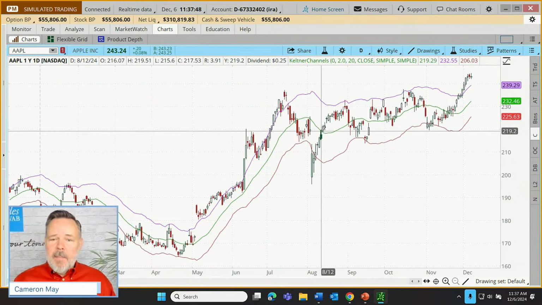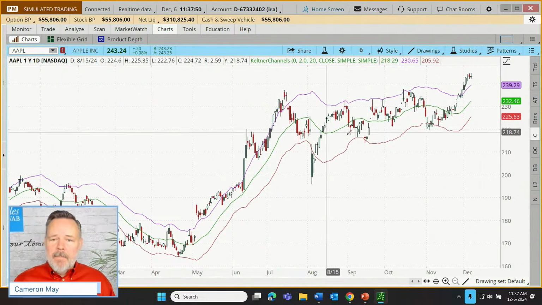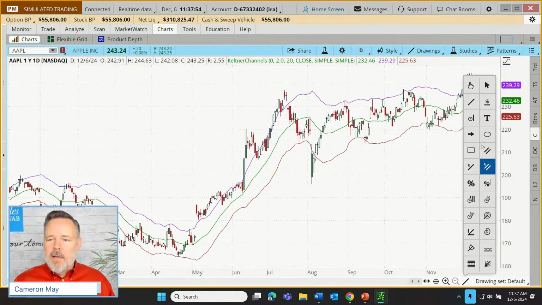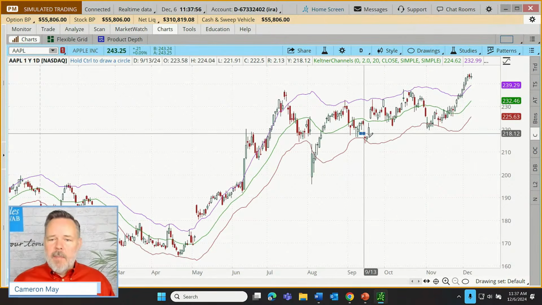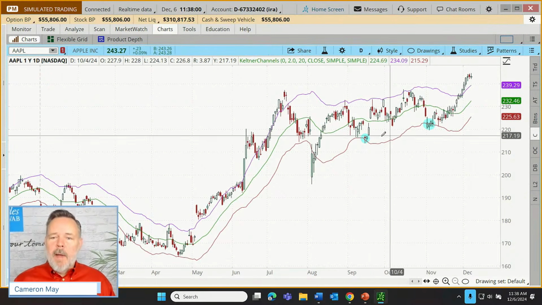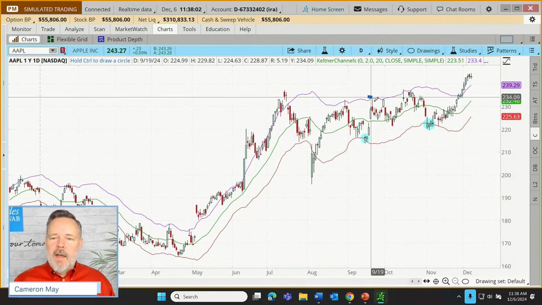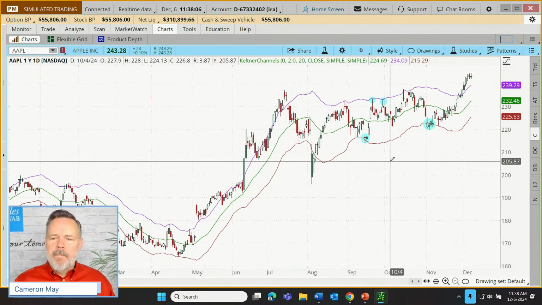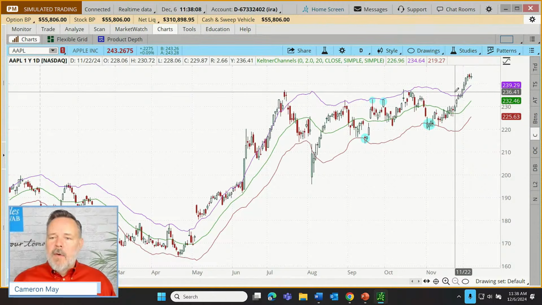So an example here might be we're touching off our lower band right here. Let's see, we have an example here. We have an example there. Where might we be looking to take profits? Up here. Looks like if we didn't get that one, maybe we got it there. Or right here.